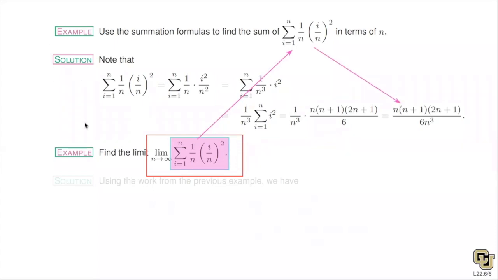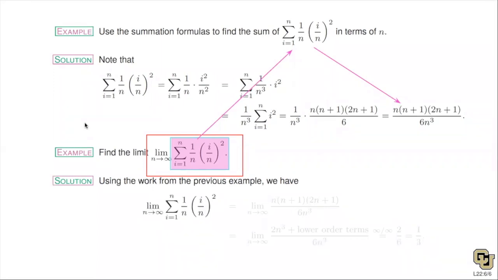So now in the limit, I replace the sum, the sigma notation, with what it adds up to. So here, I've replaced the sigma notation with what it adds up to. And now I take the limit. And here, before I take the limit, I should FOIL out the numerator.